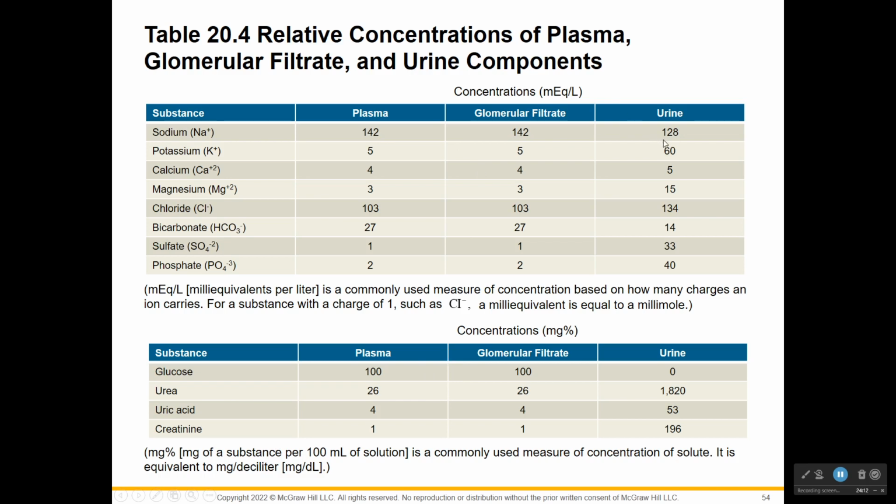And then you can see what's reabsorbed and then actually what's also secreted. You shouldn't have any glucose in your urine, right? Because you absorbed it all, reabsorbed it all. But look at the urea. You're secreting most of that. You're not getting that just from the filtrate.